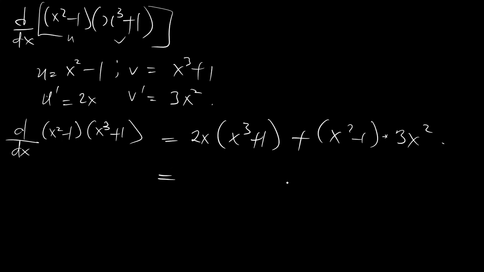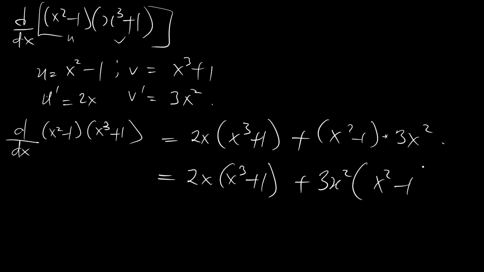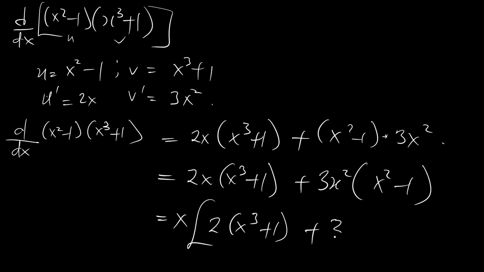That is 2x into x cubed plus 1 plus 3x squared into x squared minus 1. So x is common. We have x into 2 into x cubed plus 1 plus 3x into x squared minus 1. So this is the final answer.